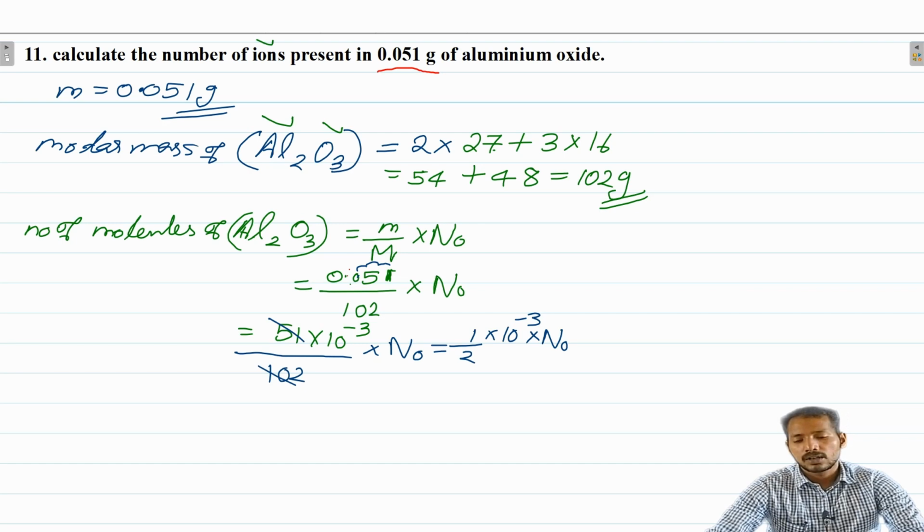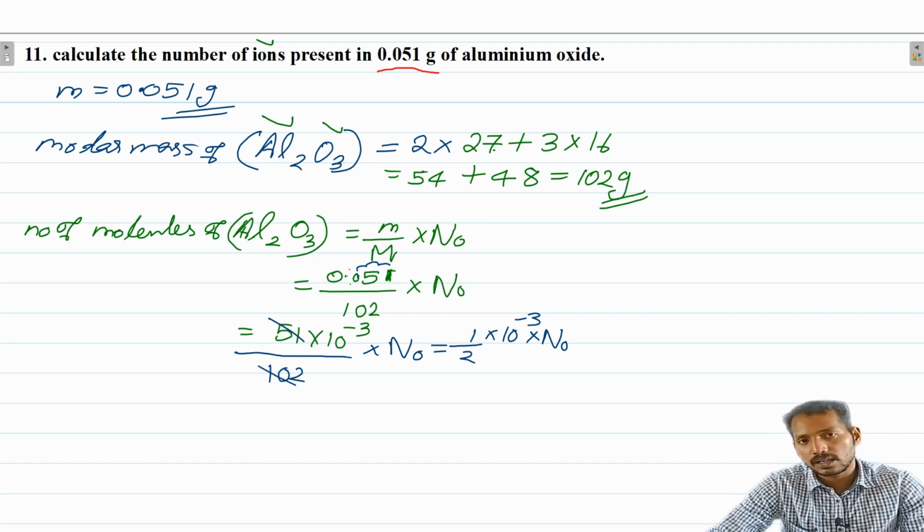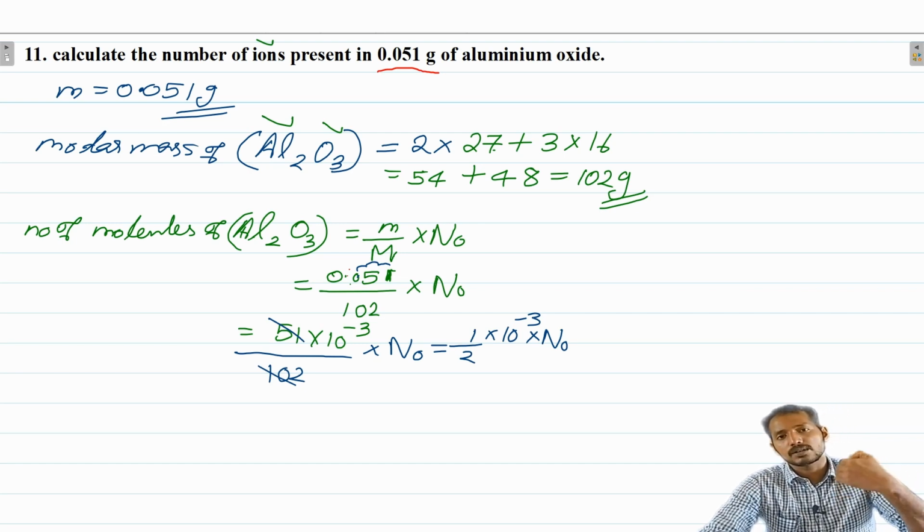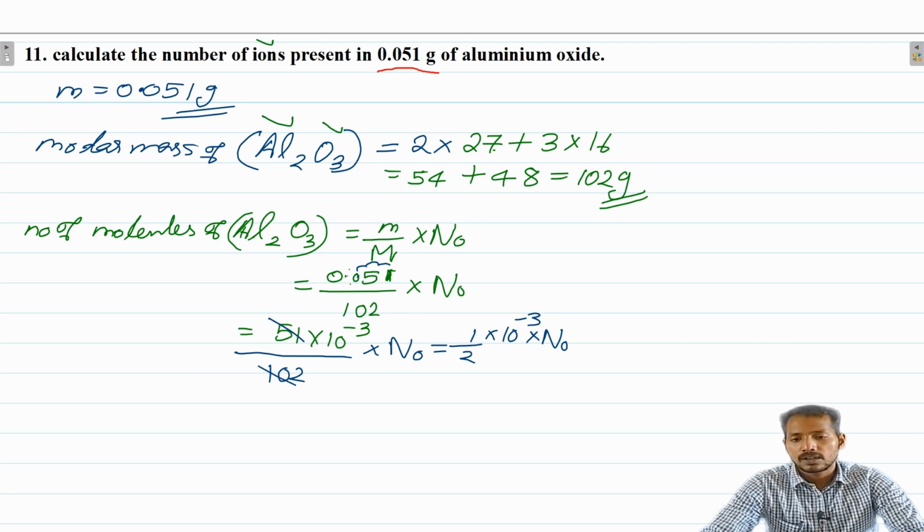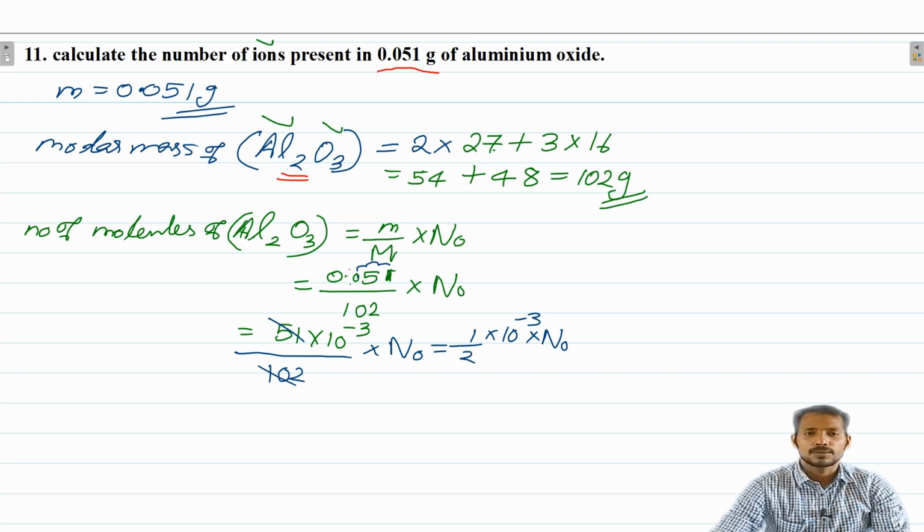Clear? Now we have got only the number of aluminium oxide molecules, but in one aluminium oxide molecule there are 2 aluminium ions present, because the mass of the aluminium ion and the mass of the aluminium atom are the same. Clear? Because the mass of electron is negligible.